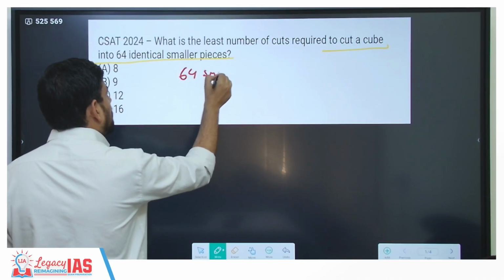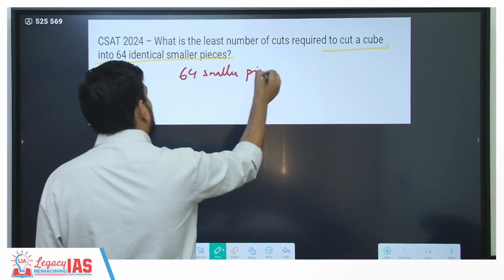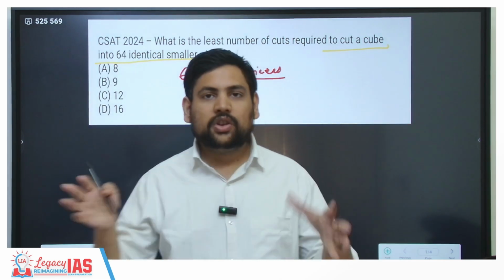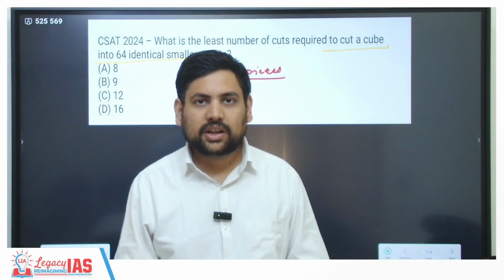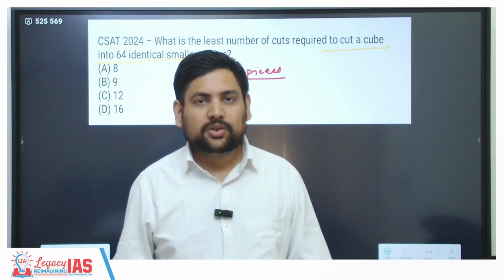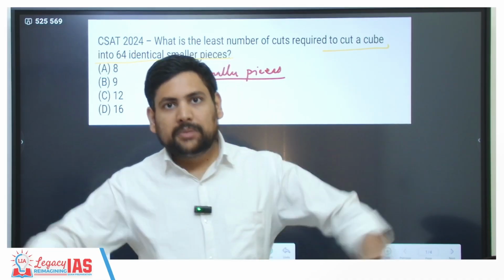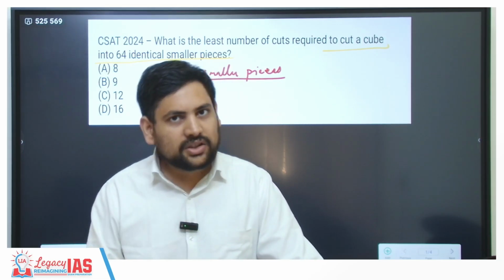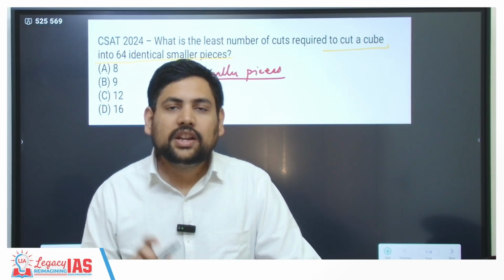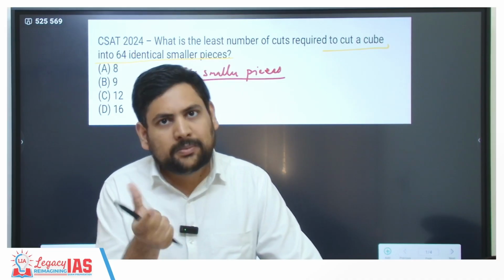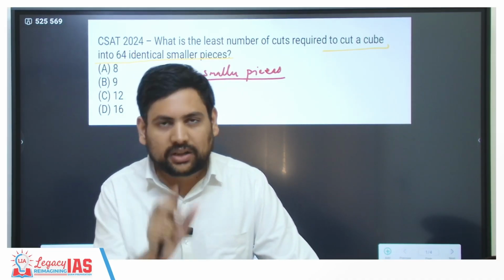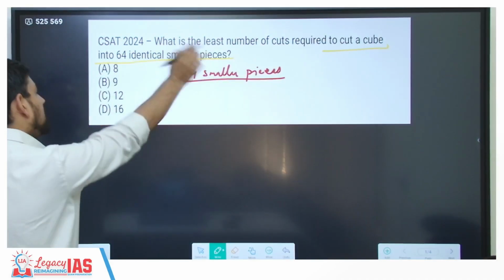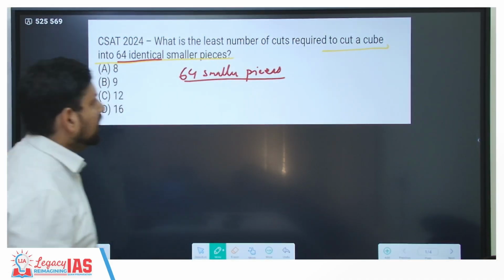Usually you understand it as a cube of volume 64 cubic centimeter. But the cube may be of any length. If you want to break it into 64 equal parts, you still can. Instead of being a 1 centimeter cube, it may be 1.2, 1.1, it does not matter. You just want the same size.